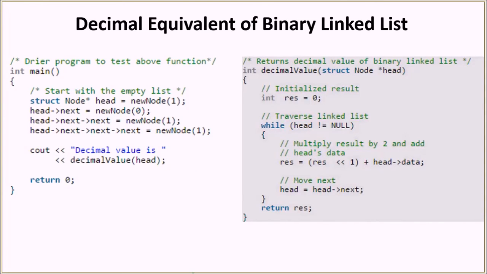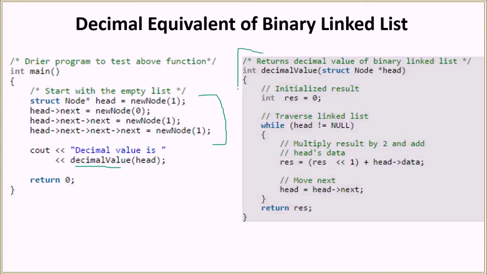Now let's look at the main function here. Here we are creating the linked list on which we need to perform the operation. Once the linked list is created, we will be calling this decimal value function, which will be the whole crux of this problem.